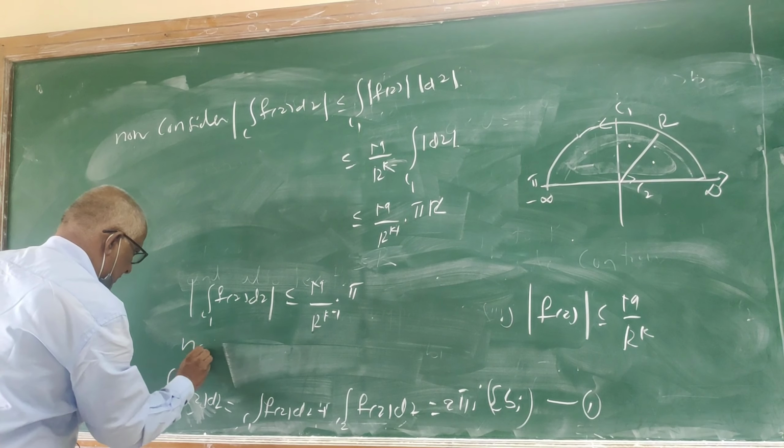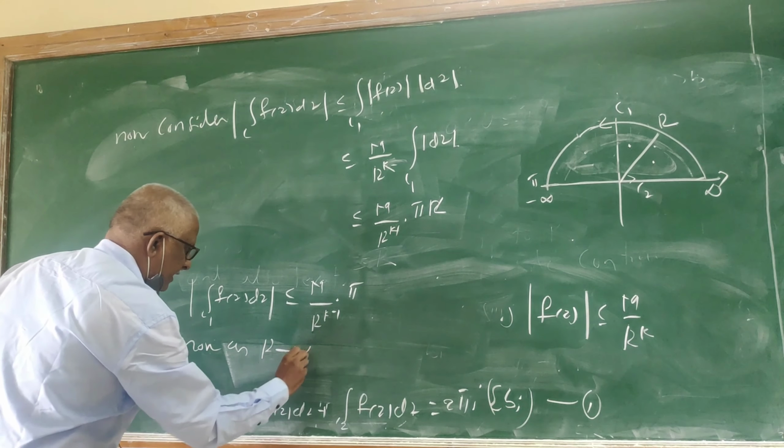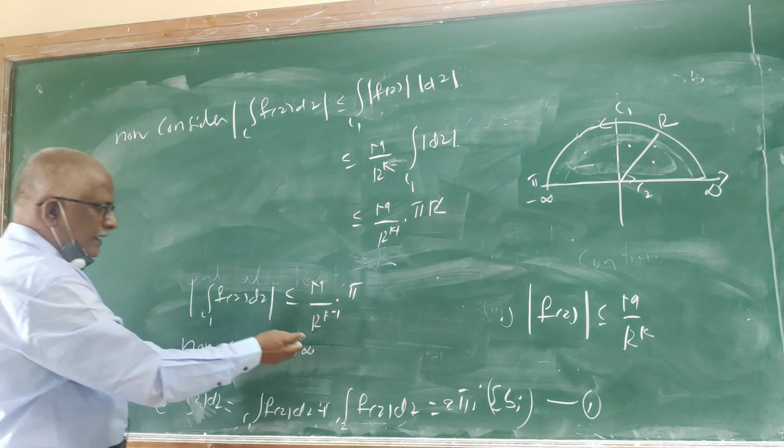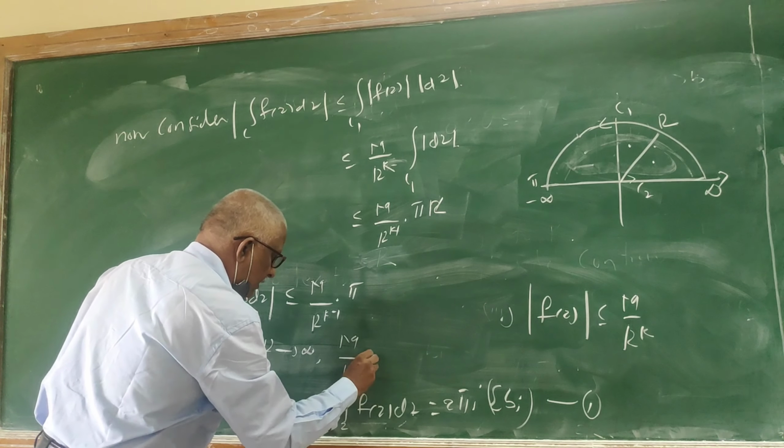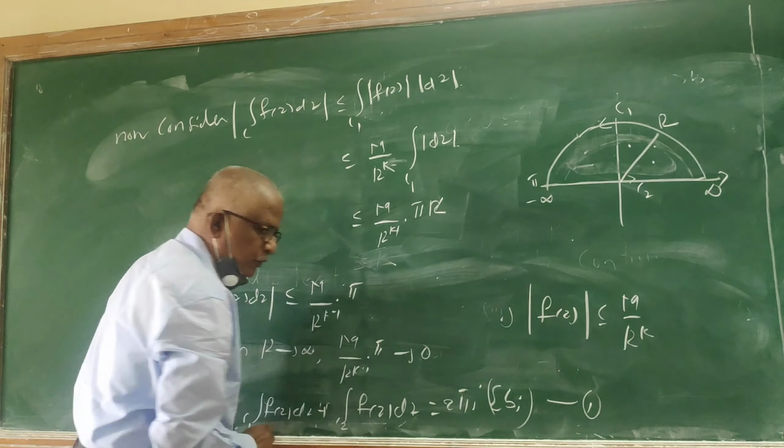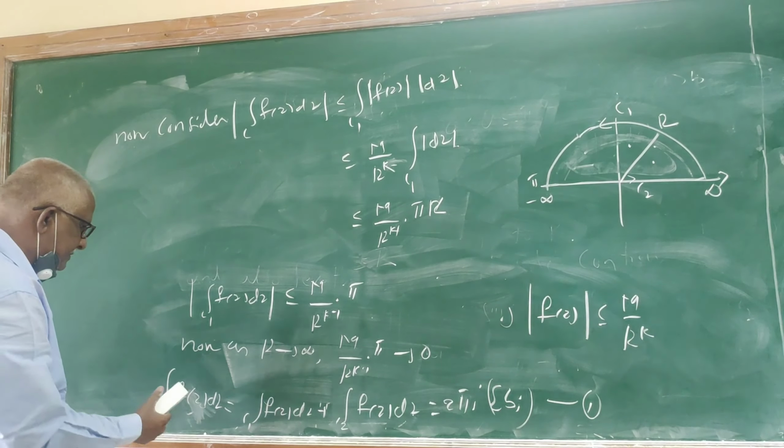So that now, as r tends to infinity, automatically m by r raised to k minus 1 into pi tends to 0. Therefore, what I will say?